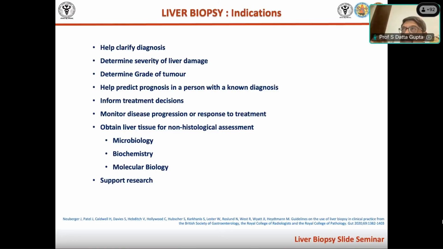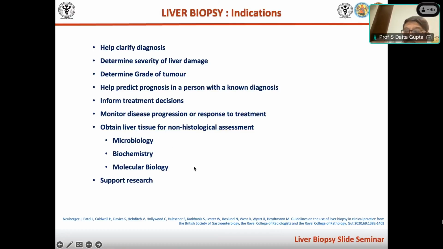Therefore, these help in treatment decisions. Sometimes it's used to monitor the progression or response to treatment. You do one biopsy, you treat, later you do another biopsy. It's also used for obtaining tissues for molecular biology, some microbiological tests and research nowadays.